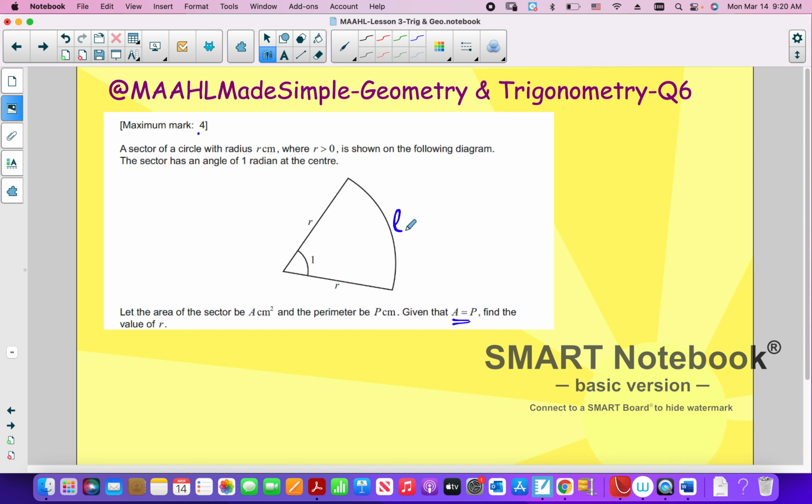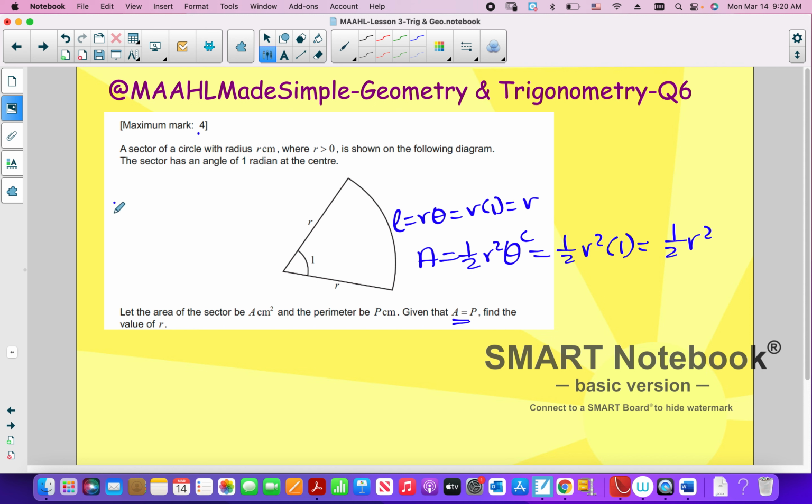The length of the arc L is equal to R theta, which is R times 1, and that should be R. The area of a sector is half R squared theta, with theta in radian measure. In this case, it will be half R squared times 1, which is half R squared. So I get my area.